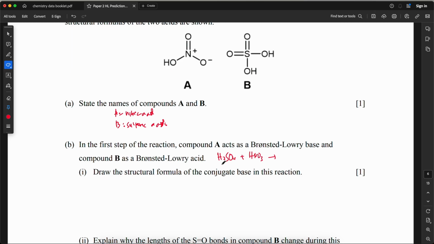So H2SO4 will donate its proton, acting as an acid, to produce HSO4 minus as the conjugate base, and H2NO3 plus as the conjugate acid, the one that received the proton from H2SO4. So the conjugate base of this reaction is HSO4 minus, which is SO double bond O, OH.